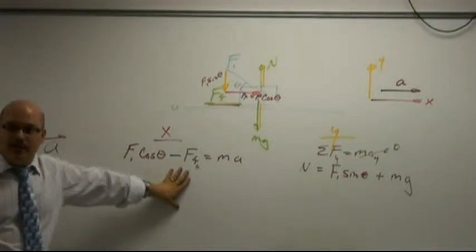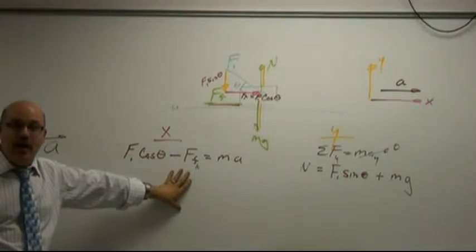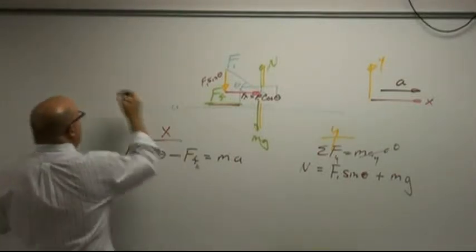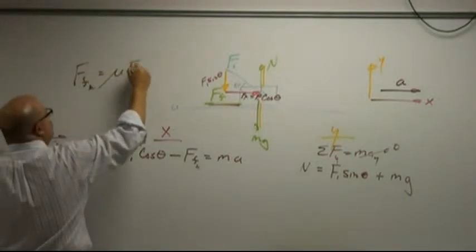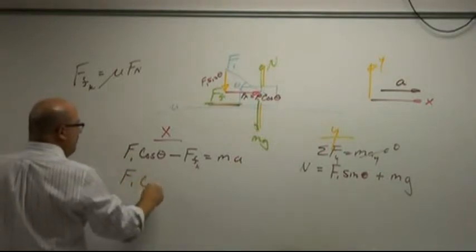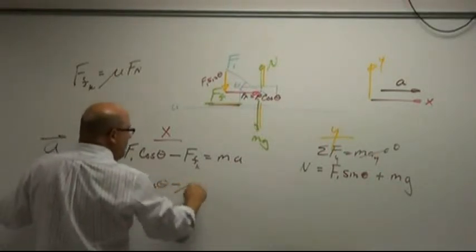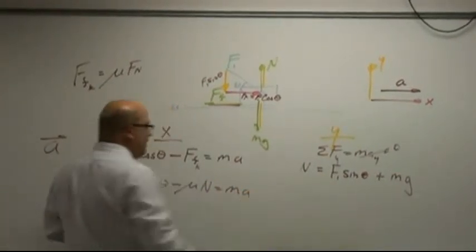How can I make it better? Because I know what that is. Force of kinetic friction equals mu times the normal force, right? So I can put in F1 cosine theta minus mu times the normal force equals ma.